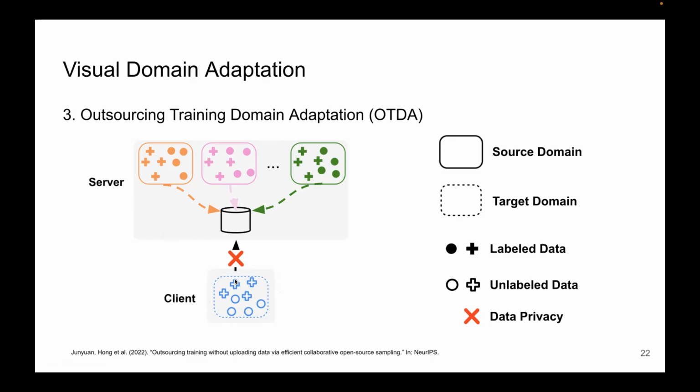Instead, it's possible to construct a proxy dataset from the data available on the server. In this case, we cannot upload data to the server for model training, but we can construct a very similar dataset on the server side and use the model parameters to help us train the model for this client. That's the outsourcing training domain adaptation.